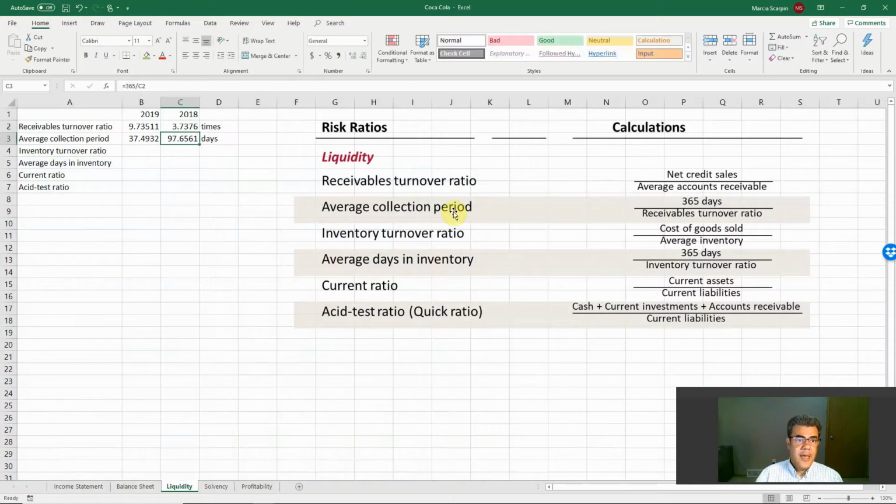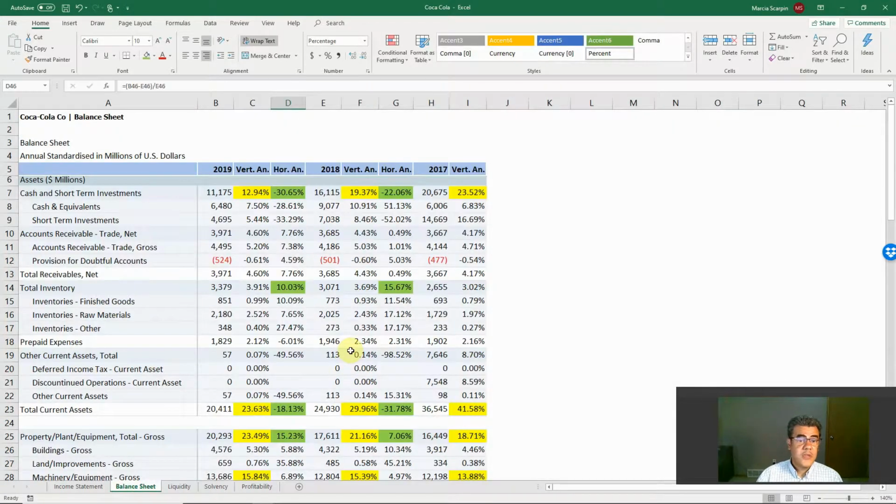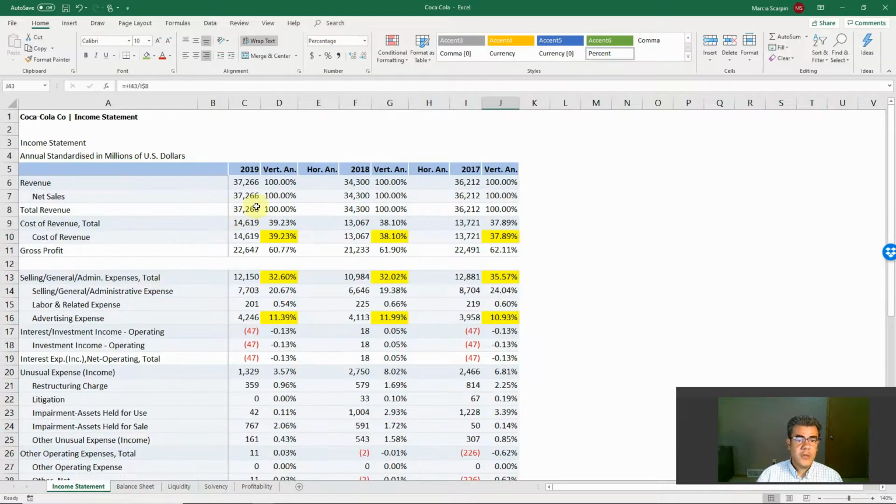Okay? And it is 3 times. So a huge decrease here. So why are we decreasing this number so much? Let me double check it. Wow, we don't have the horizontal analysis here.